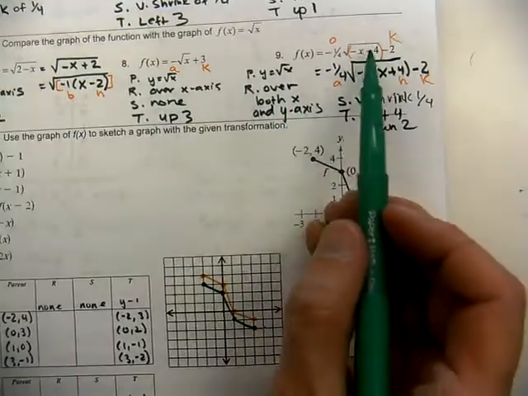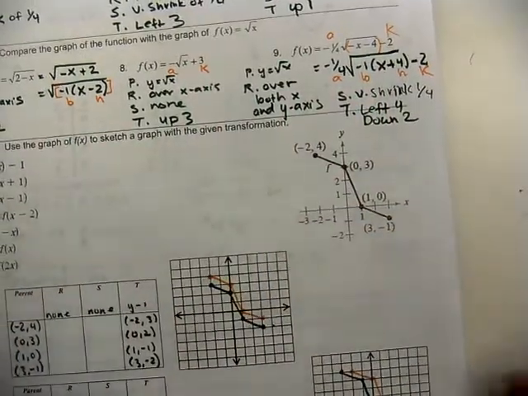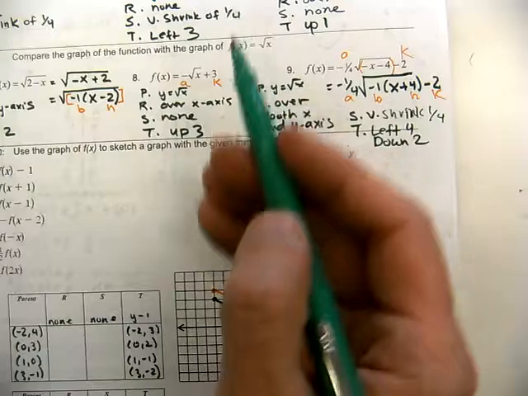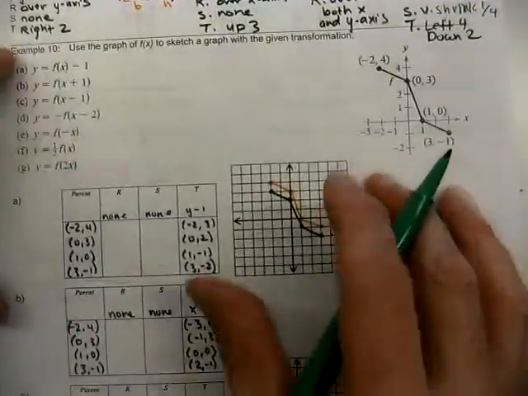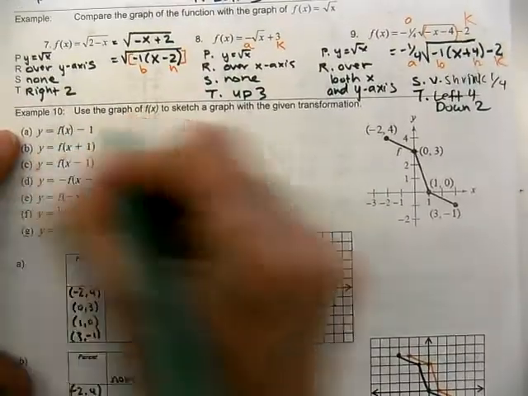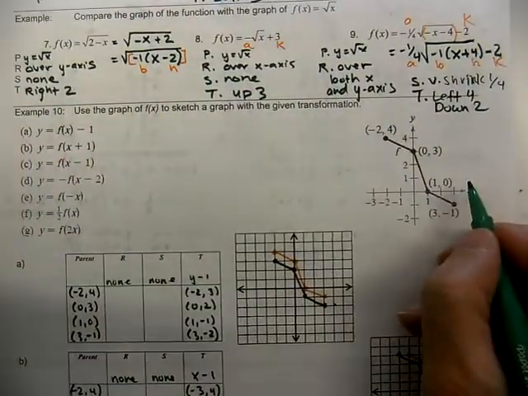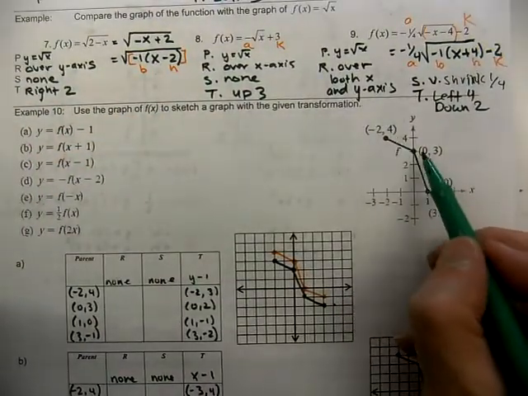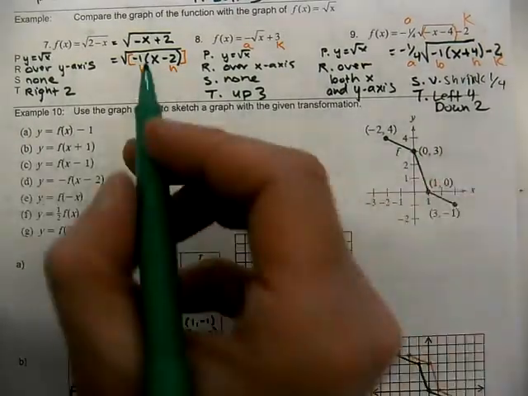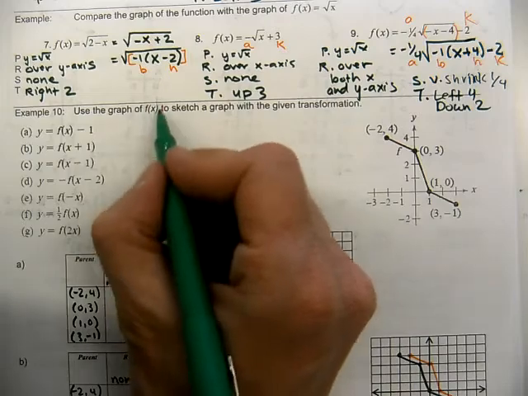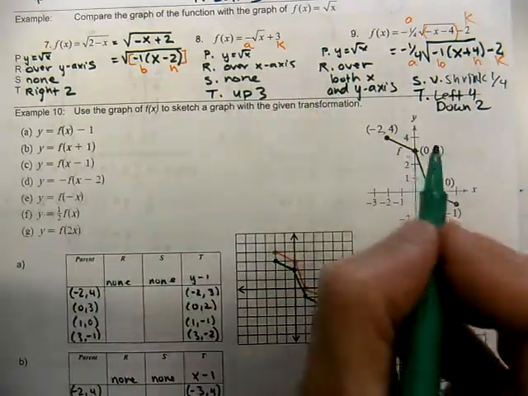So in each of these cases we've been using some of the standard parent functions we've studied in the past. We've had our quadratic and we've had our square root. So when you look at example 10 now, you'll discover that this function is not a standard parent function. It's really a piecewise function, so it looks like a series of zigzag lines. So when we are using the notation f of x, we're just describing this is the graph.